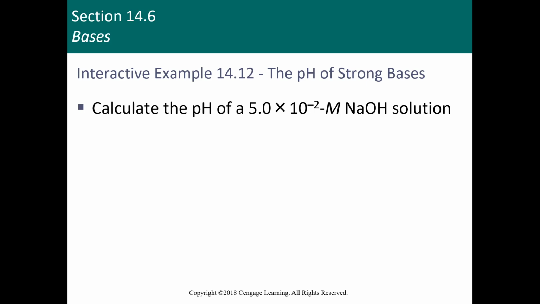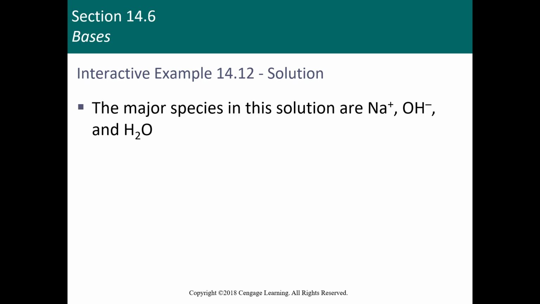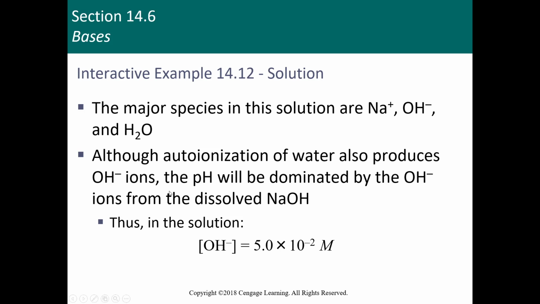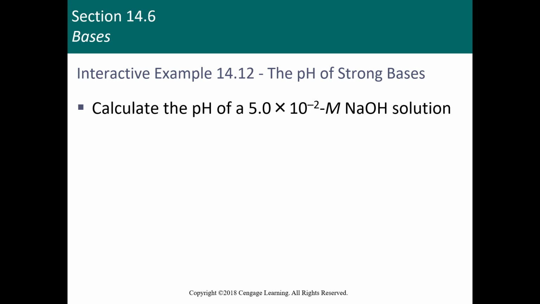So let's calculate the pH of a 5 times 10 to the negative 2 molarity NaOH solution. This is a strong base, and so our major species that we have to be concerned with are the NaOH, which, when dissolved, gives OH minus ions in solution. And so our solution, when it comes down to it, is just going to be the concentration of that NaOH solution, which we are given right here.